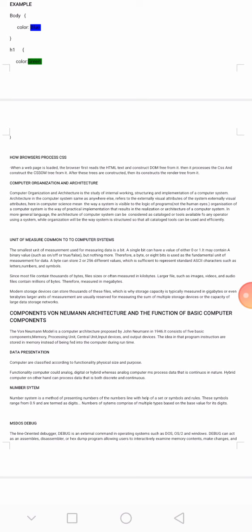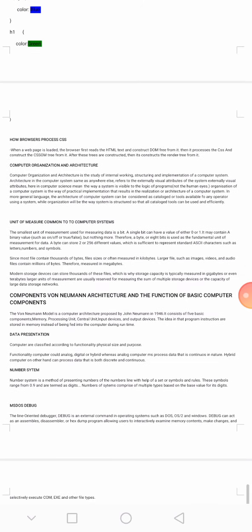Therefore, a byte, or 8 bits, is used as the fundamental unit of measurement for data. A byte can store 2^8, or 256, different values. This is sufficient to represent standard ASCII characters such as letters, numbers, and symbols.